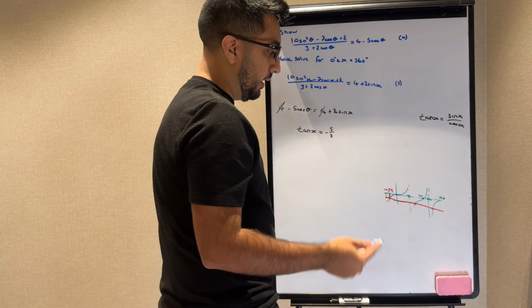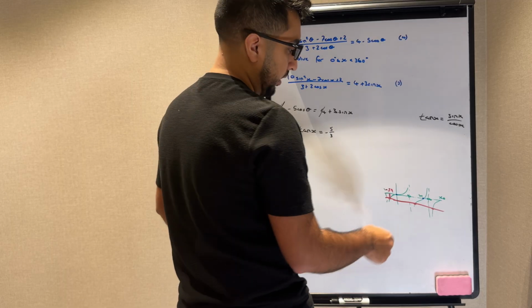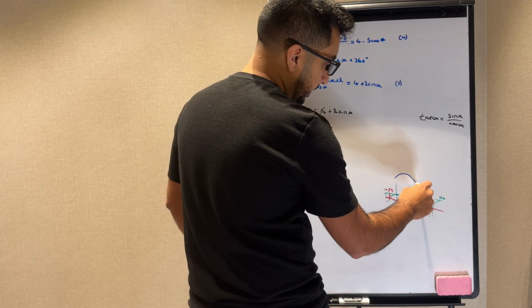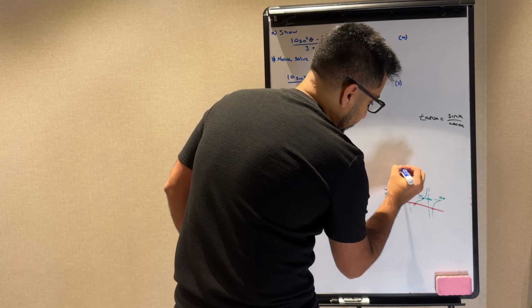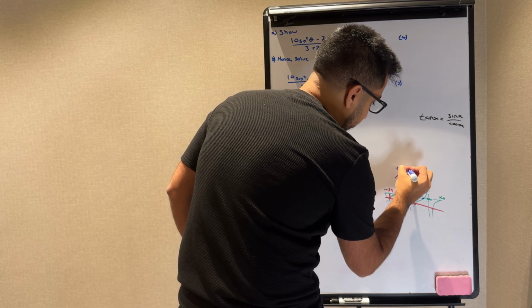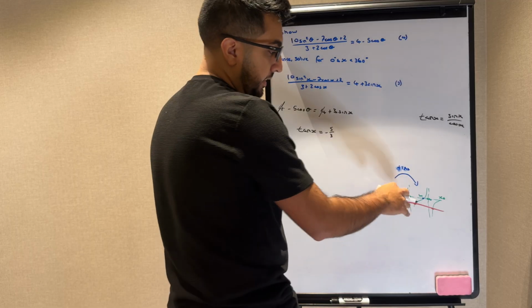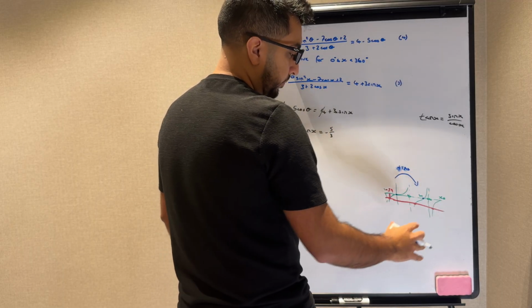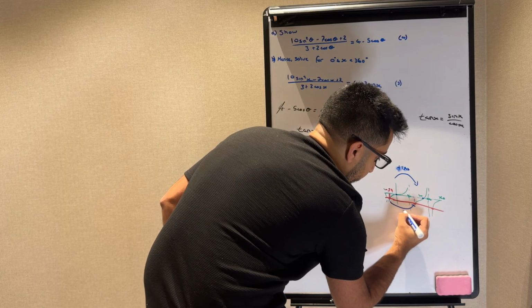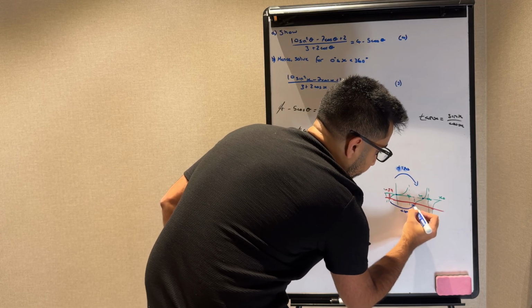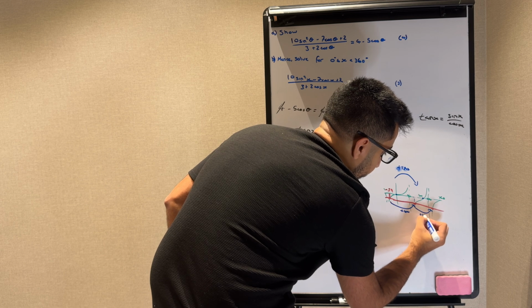Find out how the graph either reoccurs or find the symmetry. So for this, it adds 180. And you can see that is always true. So to get from here to here, you're adding 180. And to get from here to here, you're adding 180.